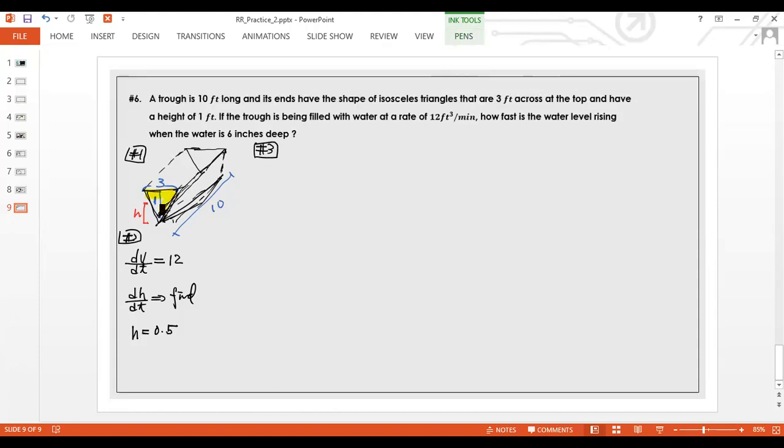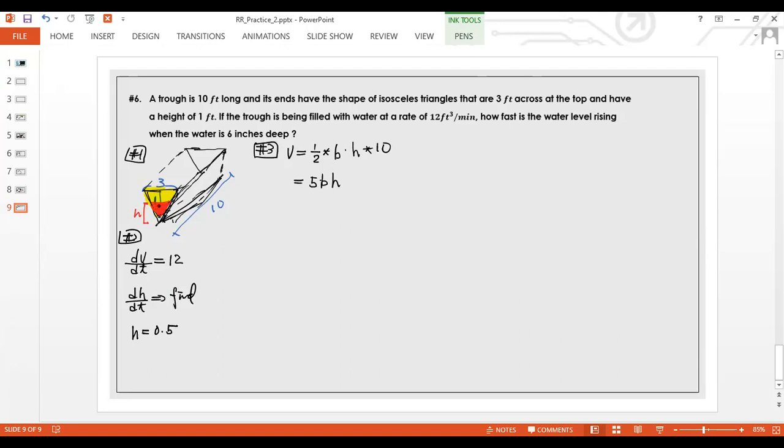The area of this triangle is 1/2 base times the height, then times the length of 10. So the volume is 5BH.